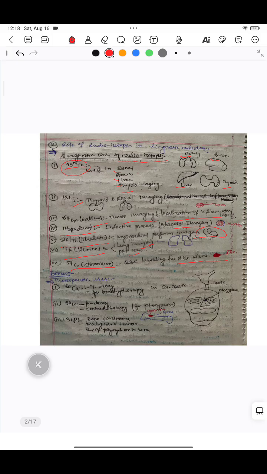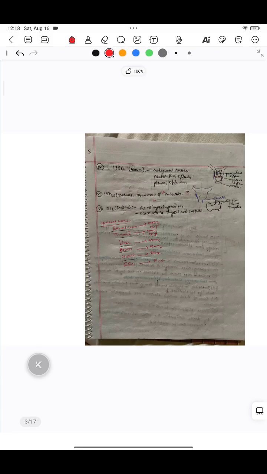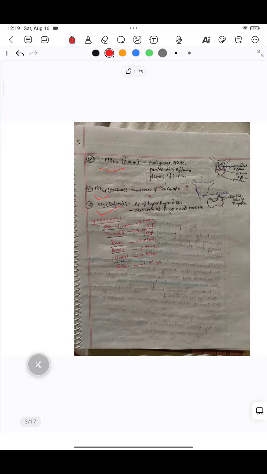What are the therapeutic uses of radioisotopes? There are the following six: cobalt 60, selenium 90, phosphorus 32, aurum 198, caesium 137, and iodine 131.